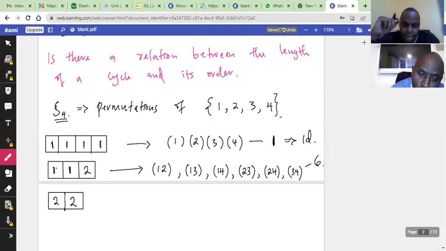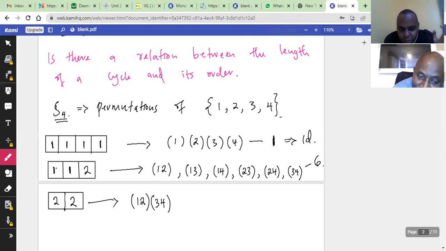I think if I do the example, you're going to see what I mean, because saying it is becoming difficult. That's what they call abstract math. I could take 1, 2 and switch them, and at the same time take 3, 4 and switch them, and this is going to be 1 permutation.